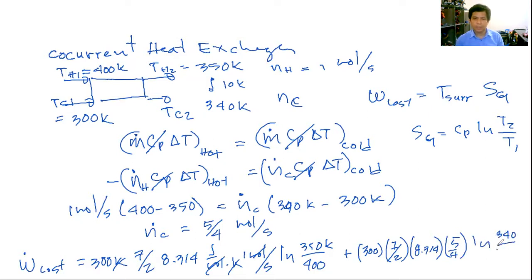Tapos ang initial temperature natin ay 300. So, just try to input this in your calculator. Tingnan nyo kung ang makukuha nyo ay, this is co-current, dapat ang makuha nyo is 200.1. W loss should be equal to 200.1. So, ang unit natin dito ay joules per second.